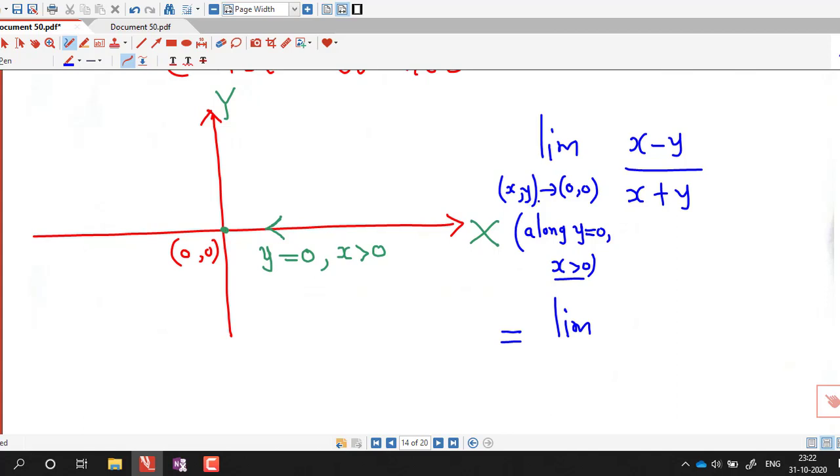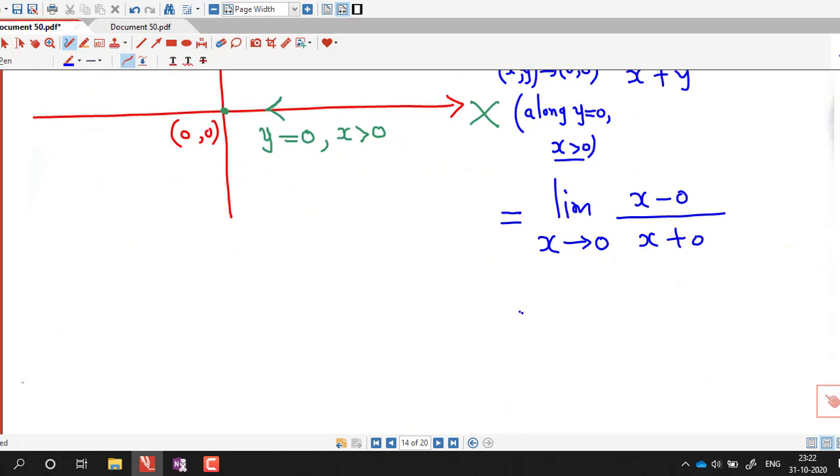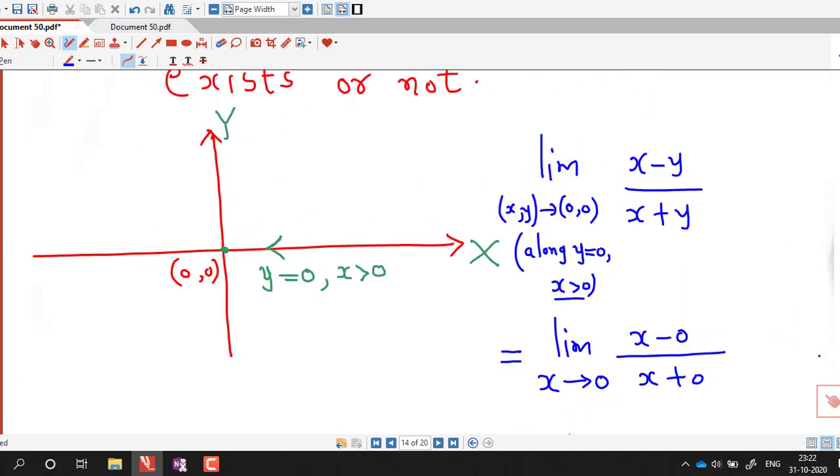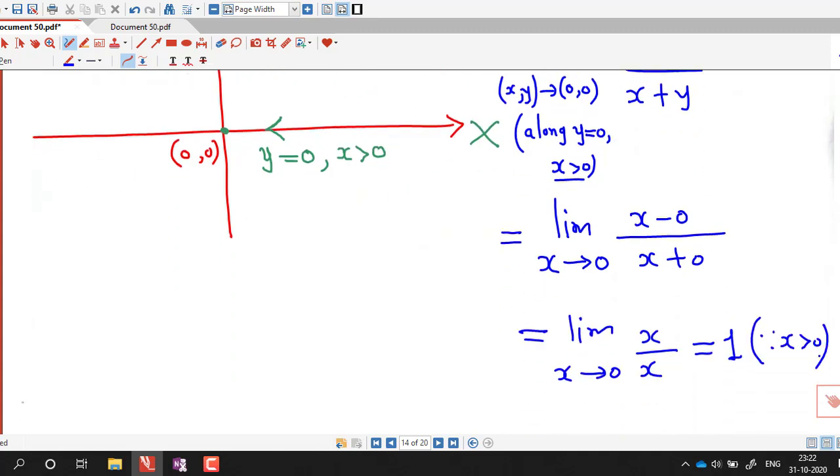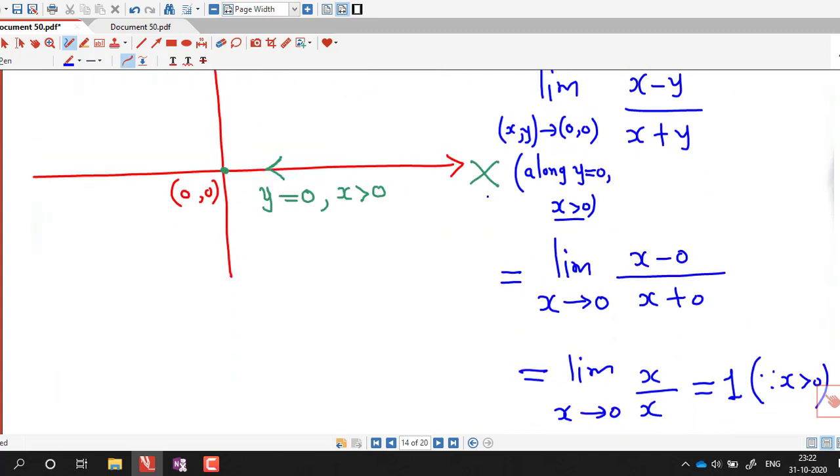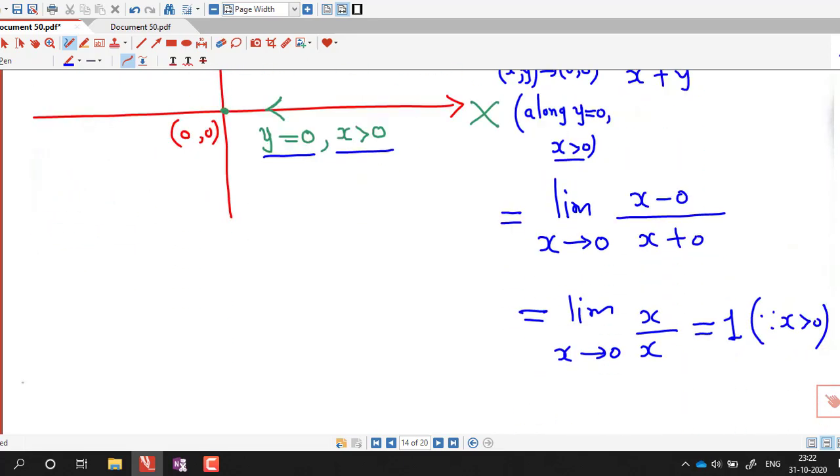If you put y equal to 0 here, the limit will be limit x tending to 0 of x over x. But we can cancel out x because x is positive along this path. So we have seen that if we approach this origin along the positive x-axis, or along y equal to 0, x positive, the limit of the given function is 1.